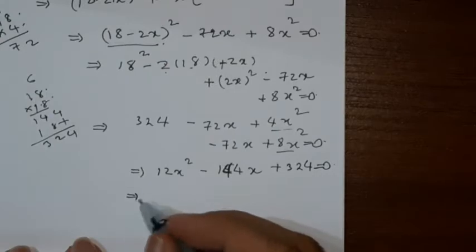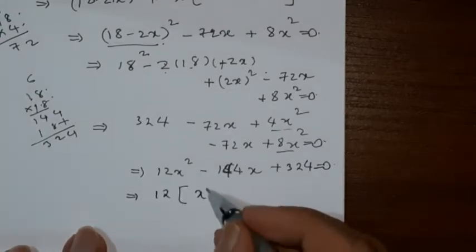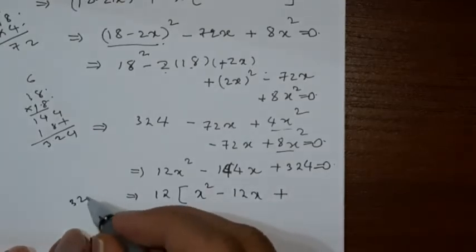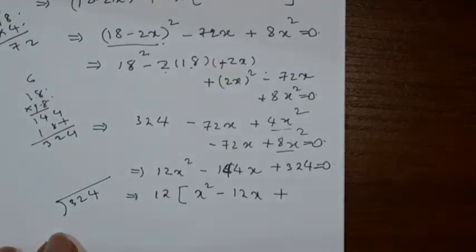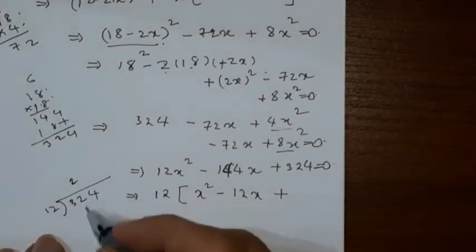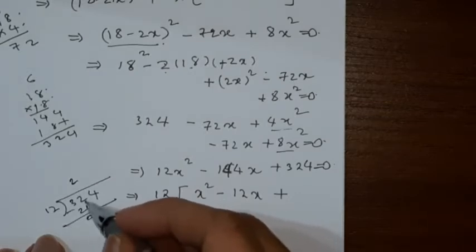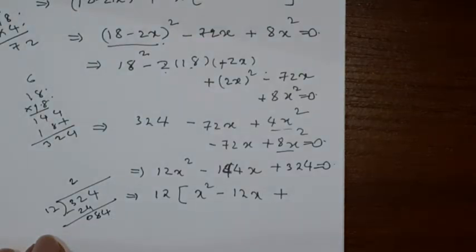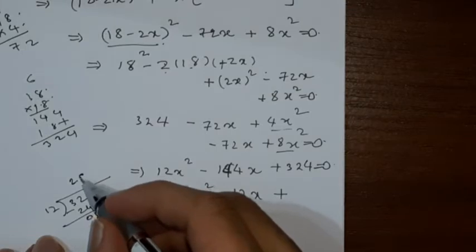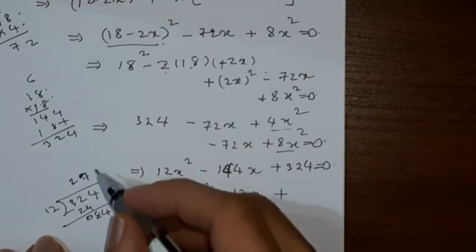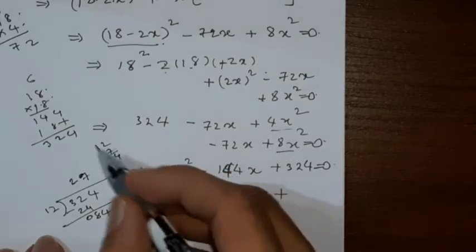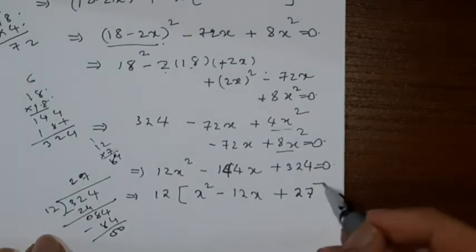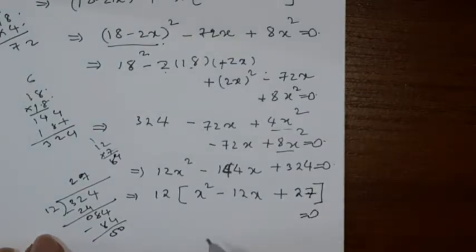Now if you take 12 common, what will you get? x square minus 12x, since 12 times 12 is 144, plus, now how much is 324 divided by 12, that we have to find. 12 2s are 24 here, so 32 minus 24 is 8, 84. So how much is 84? 12 7s are 84. So what you are getting is 27. 12 27s are 324.